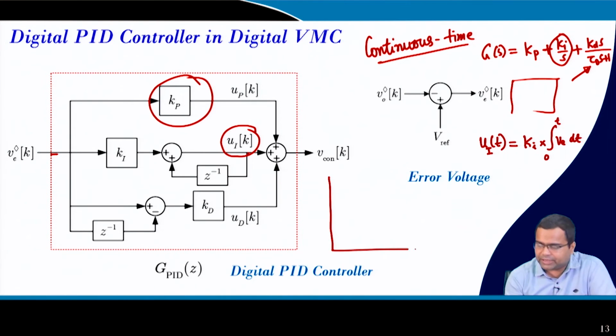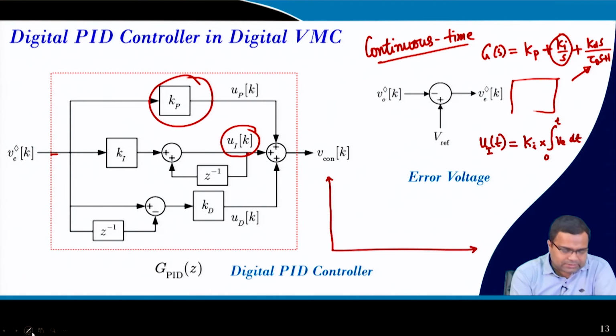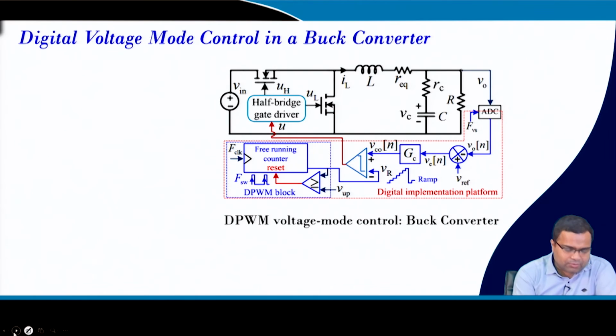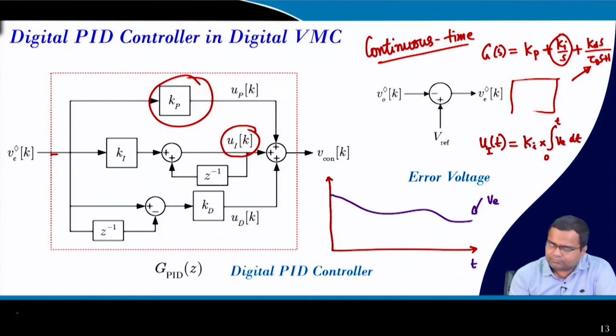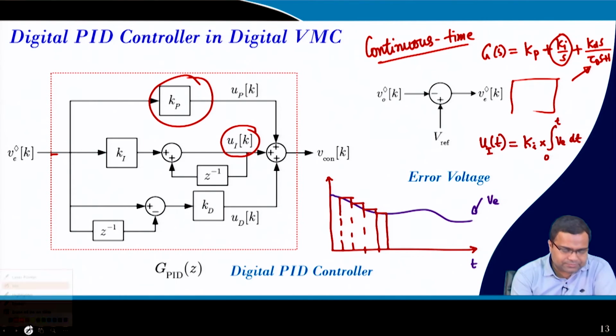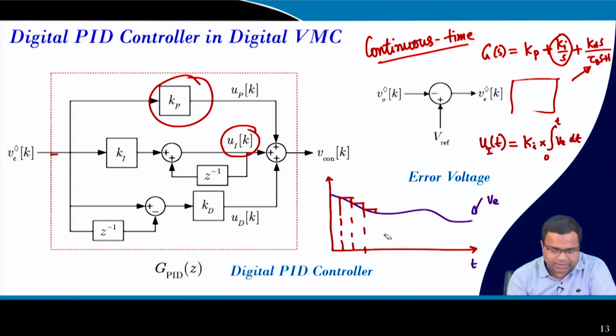If we draw the error voltage, suppose we have this kind of error voltage profile, this is the profile of the error voltage, and this is time. Now we are talking about different samples, like we are sampling here, and here. Only these available samples are there; we do not have full access to the signal in between.